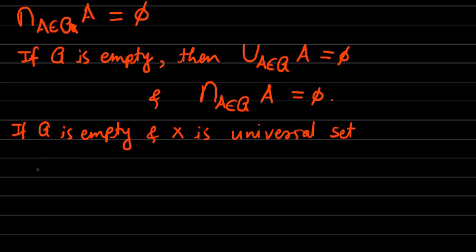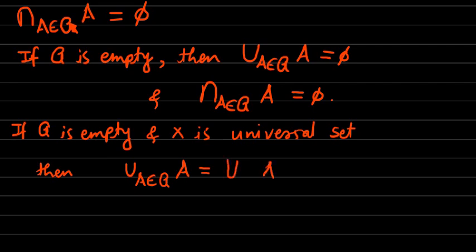In that case, the union of A over A belongs to script A, where script A is a collection of sets, will be the union of all the subsets of script A, which is our regular union.